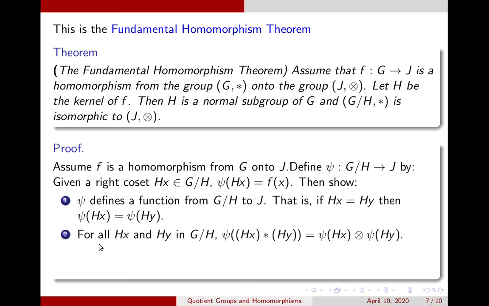We would have to verify that the homomorphism equation holds, so we have to know that psi preserves the operations. And we would have to argue that psi is 1-to-1 and onto J. So that would mean that psi fulfills the requirements for being an isomorphism. Part of that proof will be in the exercises.